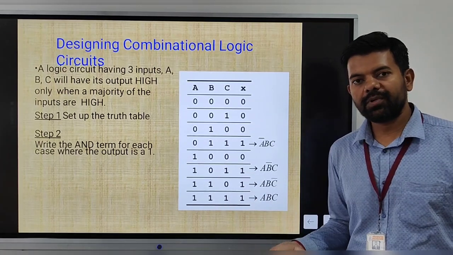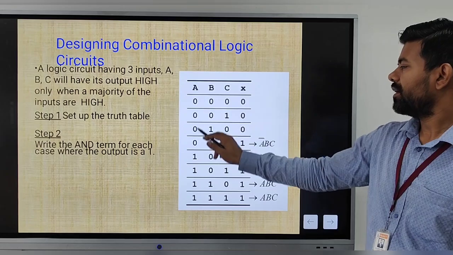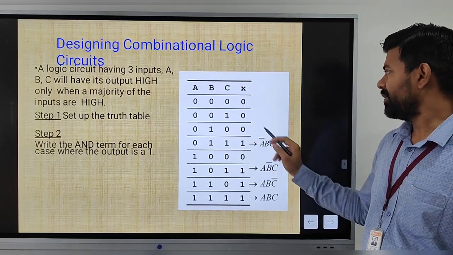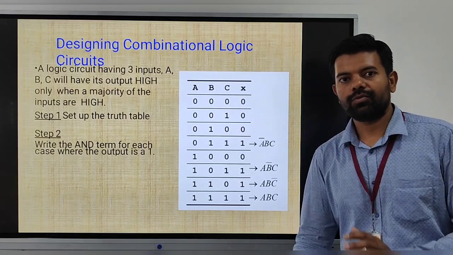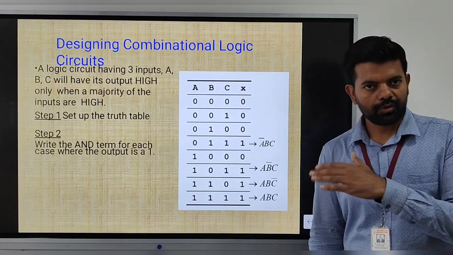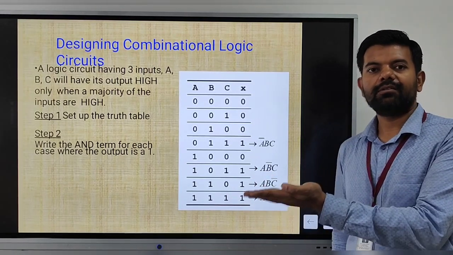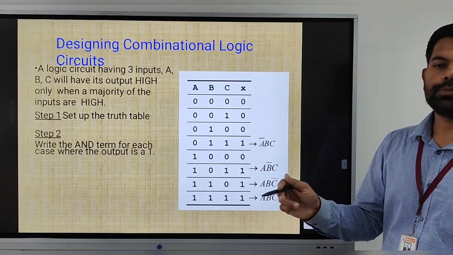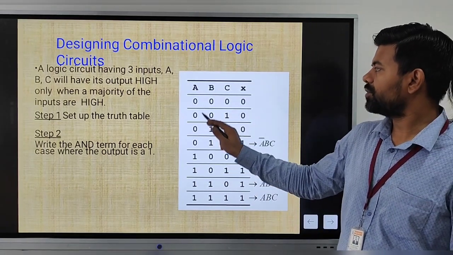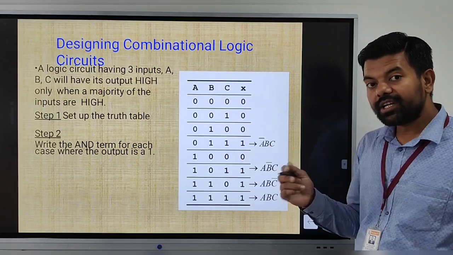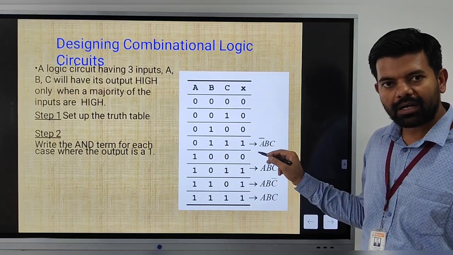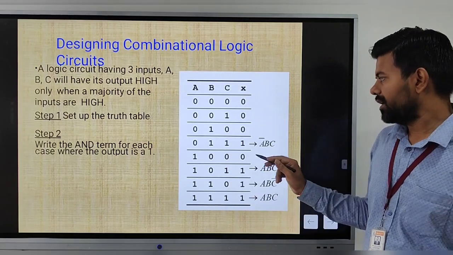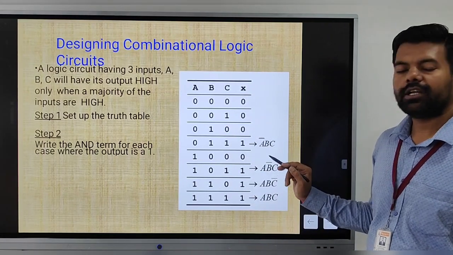So how do we write the min term? This is the min term. For A it is A bar, B is 1 so B, C is 1 so C. Now see, in SOP form, which we are going to study in the next slide, the sum of products form, for 0 we always indicate the variable with a bar symbol, and for 1 we do not use any bar symbol.